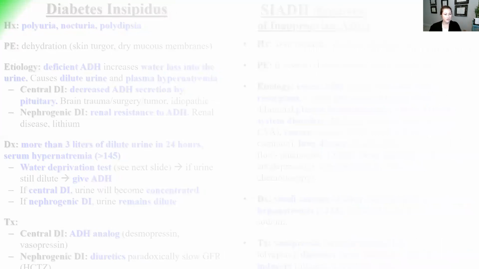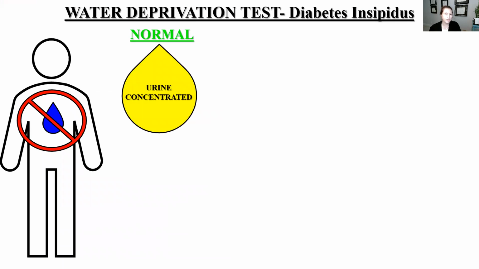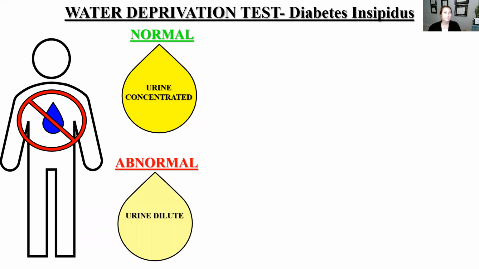So let's look at this in another way here. Let's talk about that water deprivation test for diabetes insipidus. Remember, this is how we're sorting out: are they just taking in too much water or do they actually have diabetes insipidus? So we're going to deprive them of water. Normally that urine should now become concentrated, but in patients with diabetes insipidus, they'll continue to have a dilute urine.